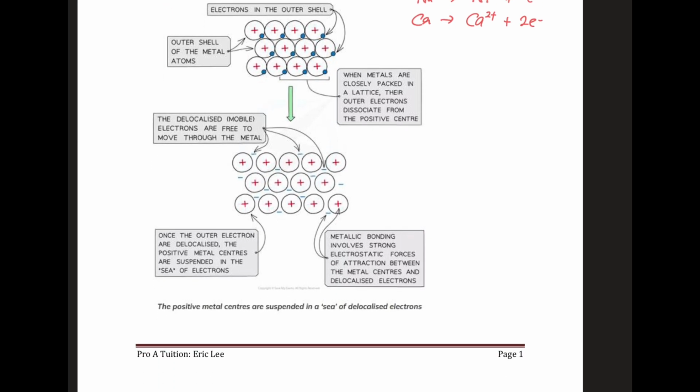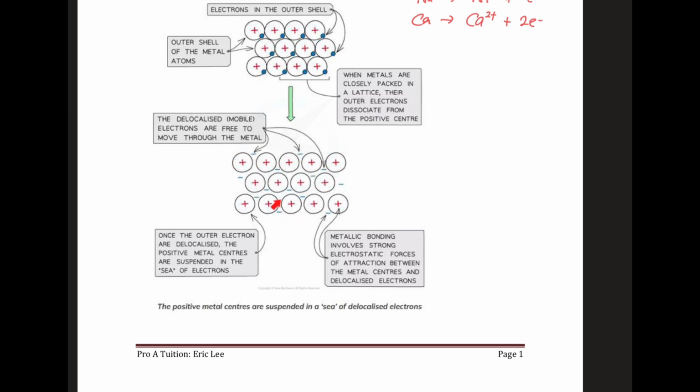And you can see here, once the outer electrons are delocalized, the positive metal centers are suspended in the sea of electrons. So imagine you put them in water. They arrange themselves in this way. These are like the stones.